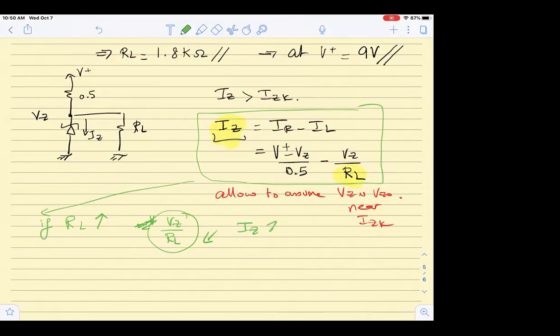It is going to increase. And if RL decreases, VZ over RL is going to increase, so what is going to happen to IZ? It will decrease, right? So this relation tells me that the smaller RL gets, the smaller IZ gets.